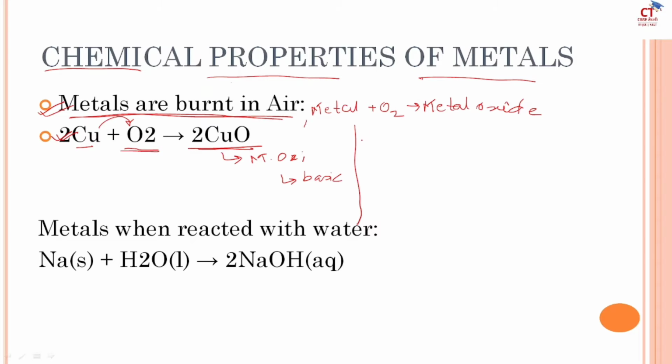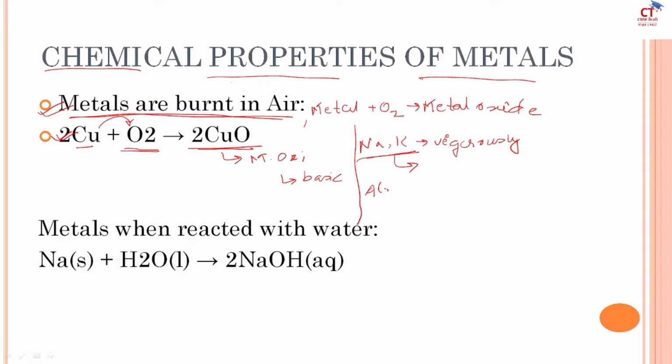Let's see those. Na and potassium react vigorously. That is, they catch fire in open places. That is the reason why we always keep these metals immersed in kerosene oil.